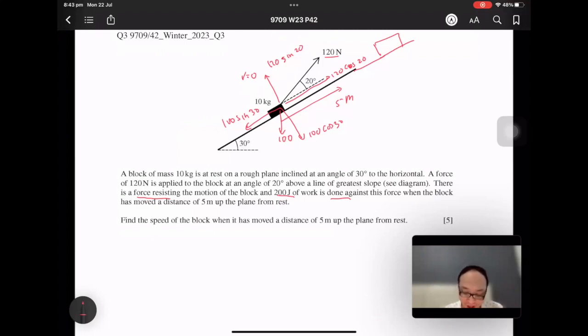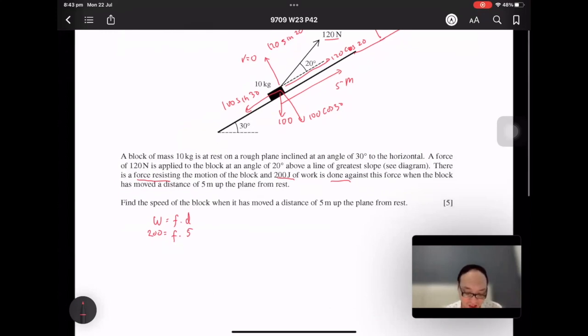First, we have to find the resistive force. So the work done is equal to the resistive force times the displacement. So the work done is 200 equals F times the displacement of 5 meters. So the resistive force is 40 newtons. So we have another 40 newtons as the resistive force here.